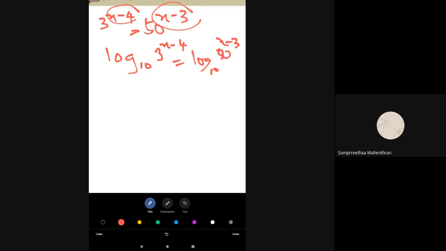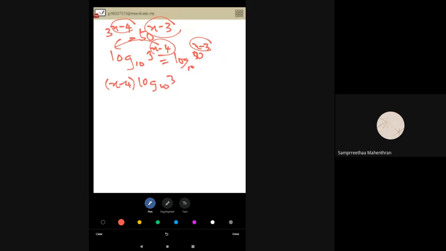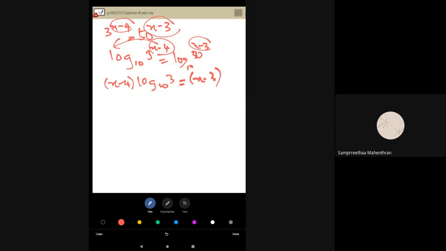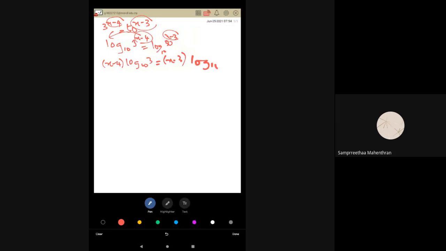So log 10 of 50. After we use the log, we can bring this power to the front because of the basic law of log. So we have x minus 4 log 10 3 equals to x minus 3 log 10 50. Okay, until here.